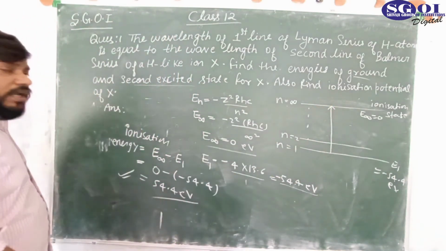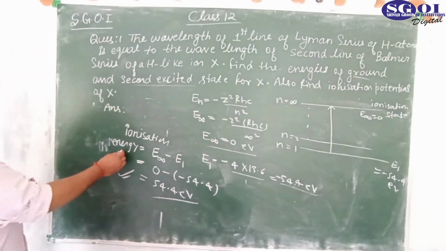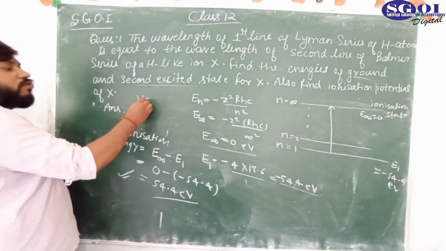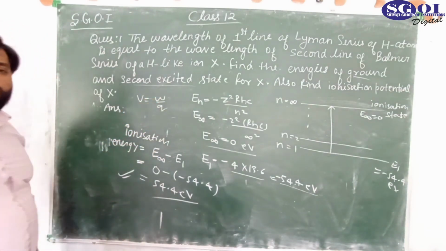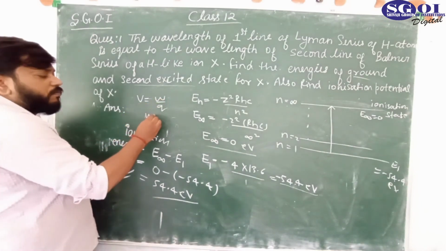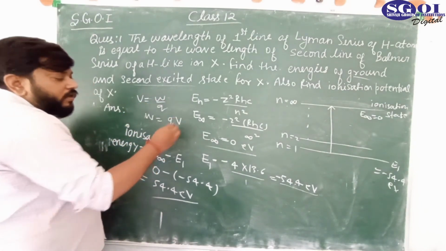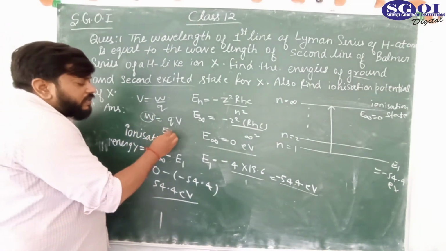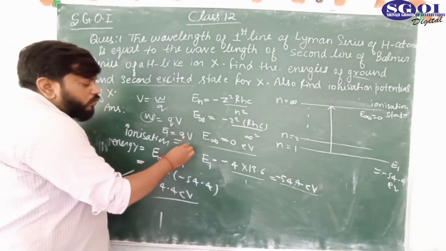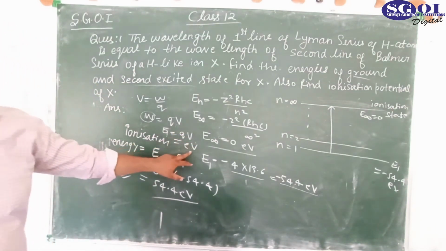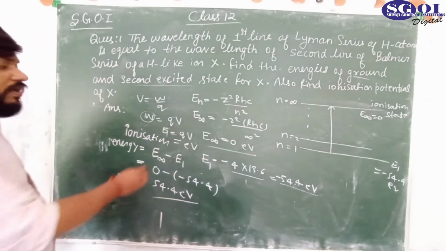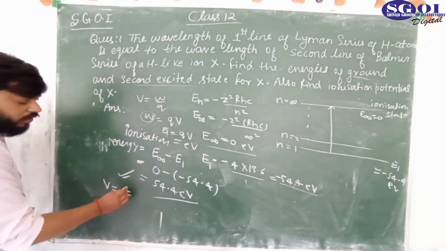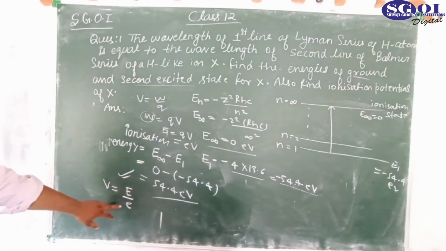Now what about ionization potential? Actually we have found the ionization energy, and for finding the ionization potential, we know that V equal to W by Q. We have already told you that V equal to W by Q, and from here W equal to Q into V, and W is analogous to energy, so we can say E equal to Q into V. The energy is in electron volt, and if we want to find V, we have to divide the energy by e, where e is the elementary charge.